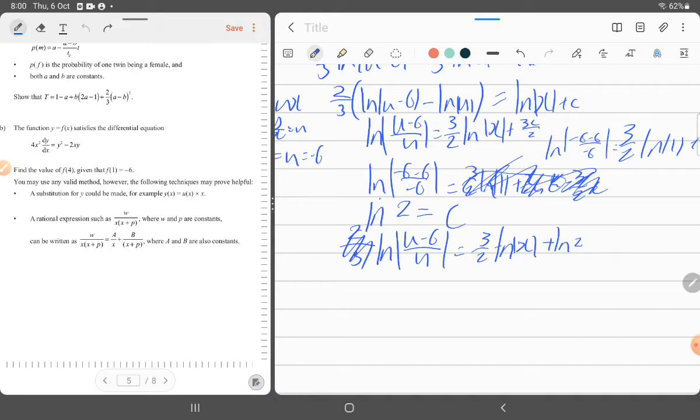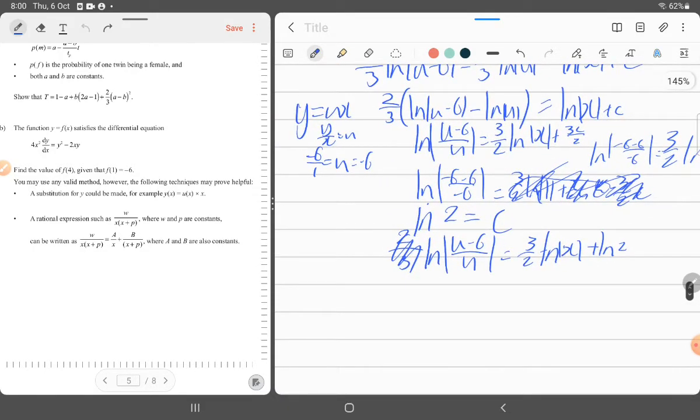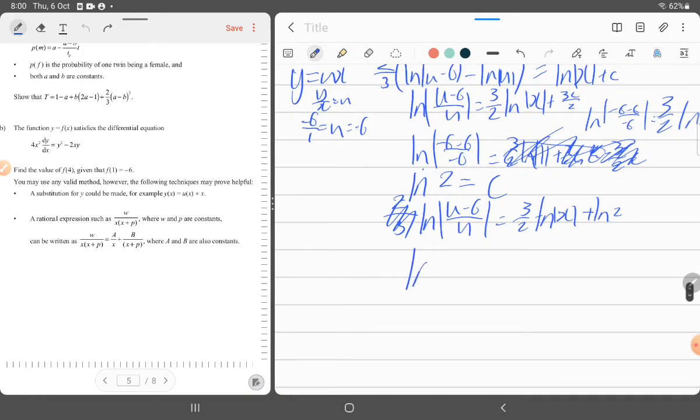So we want to find f of 4. I might just substitute: natural log of y over 4 minus 6 all over y over 4 is equal to 3 over 2 natural log 4 plus natural log of 2.